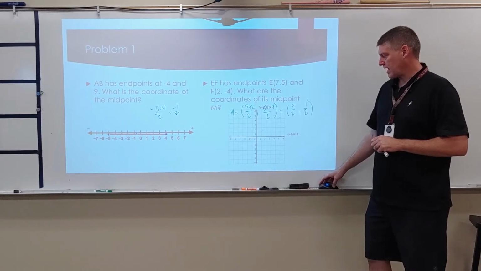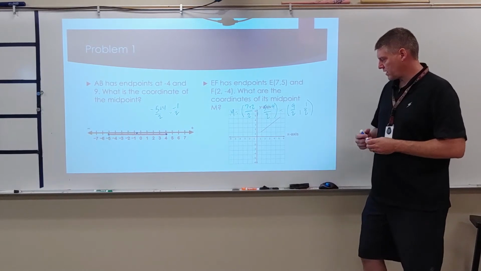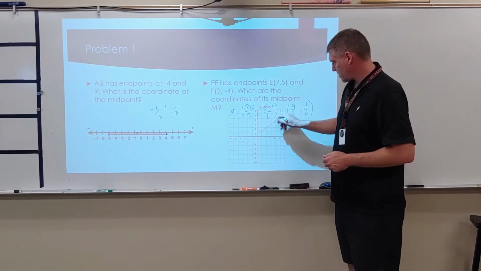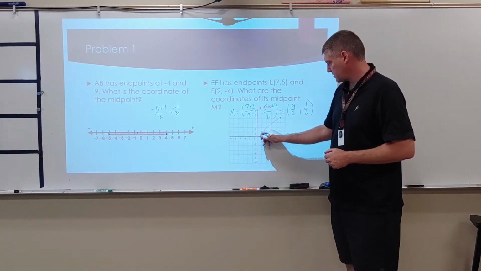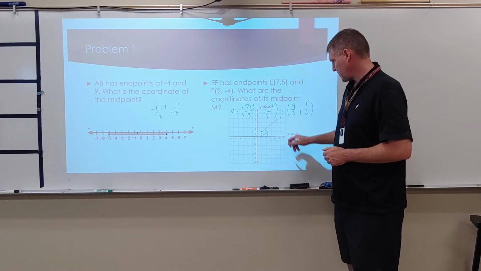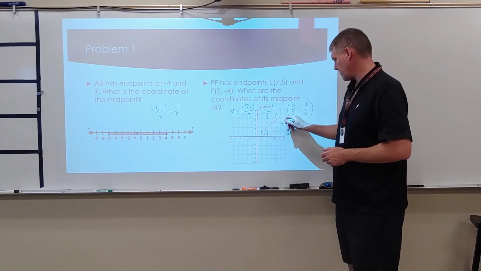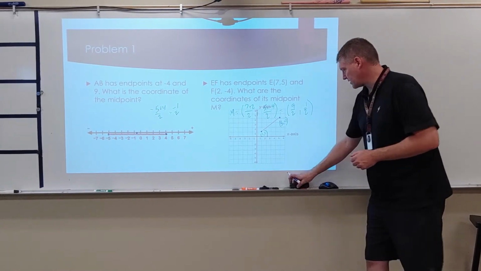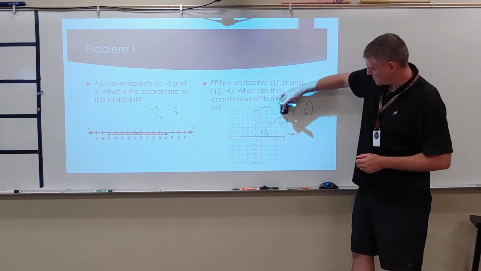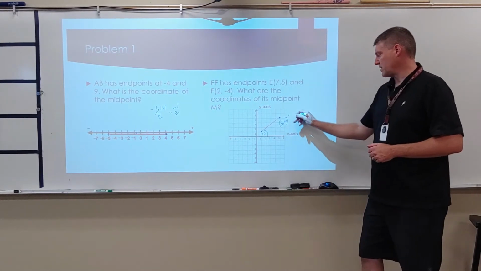Okay. The last one is, here we have two coordinates. So we're going to say it's here and here, just to make it easier. So this is 1, 1, and this is 5, 4. We're going to do the exact same process here to find that midpoint.